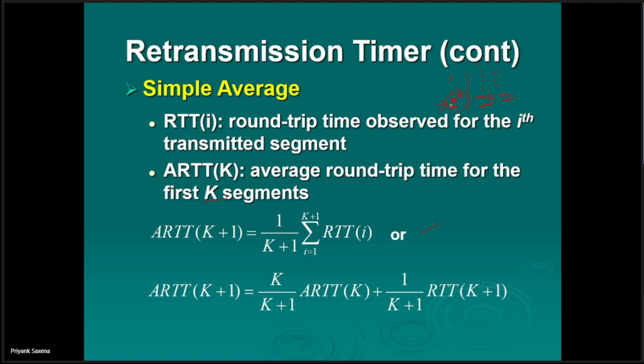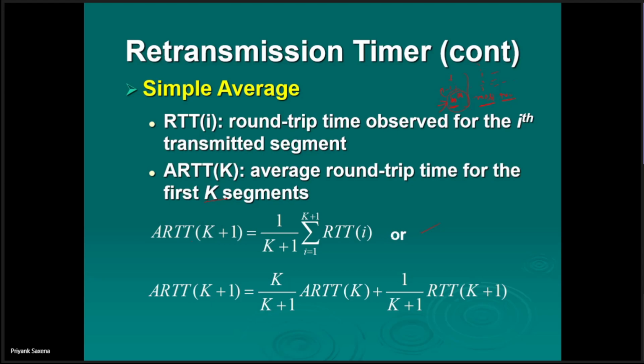So what is happening in averaging? We are giving equal weightage to everyone. All the k incidents get the same average weightage, equal weightage to every transit, while actually the most recent one reflects the actual condition of the network. Are you following? So what is the meaning of it?